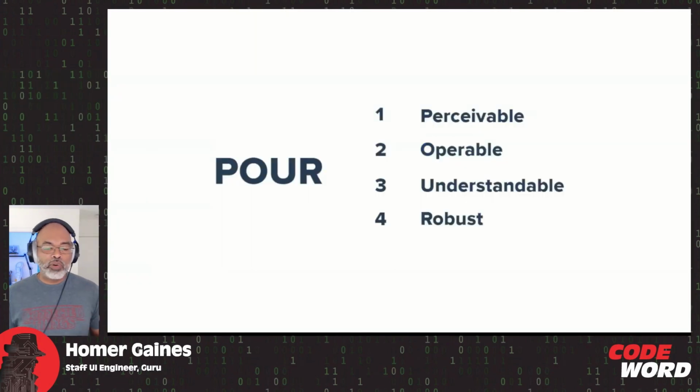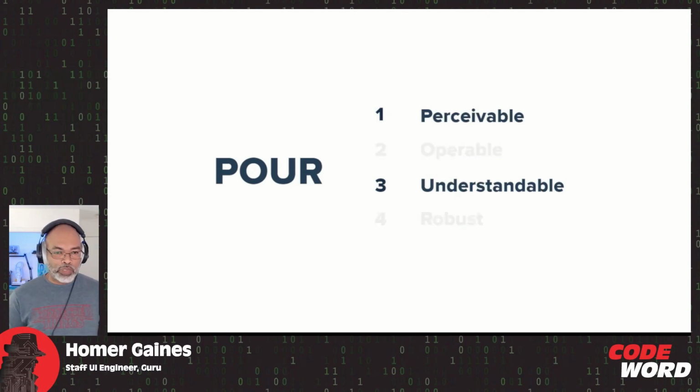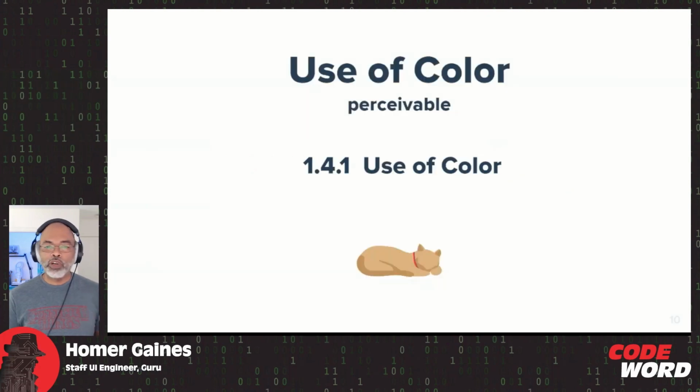The WCAG is broken up into 4 major sections: perceivable, operable, understandable, and robust. What I want to talk to you today about really deals with perceivable and understandable for how we're dealing with content. First off, let's look at the use of color, which falls underneath perceivable.